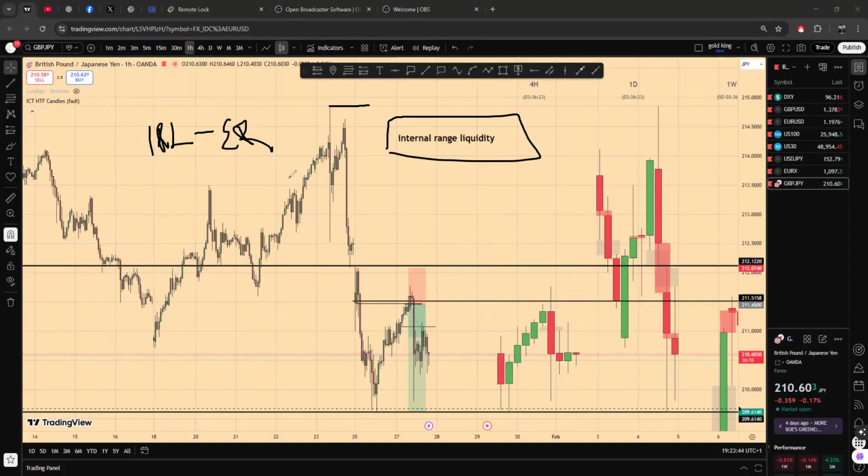Okay. Now, when we are looking at internal range liquidity, which is based on order blocks, let me actually put that down. We have internal range liquidity. We are going to have order blocks, fair value gaps, volume gaps, and breakout blocks.